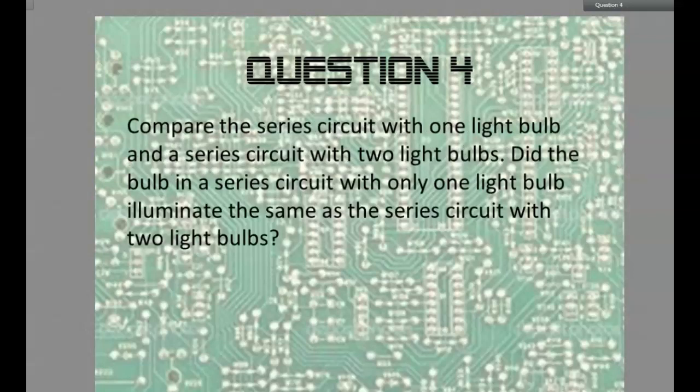Okay, the other question is comparing a series circuit with one bulb and a series circuit with two bulbs. Do you remember what he said when we were looking at how bright the light bulbs were? Which one had the brighter lights?